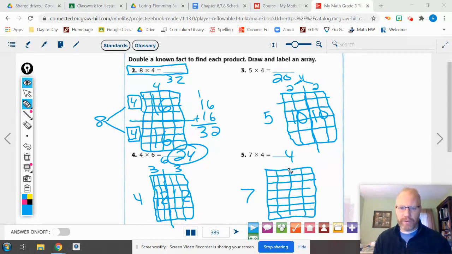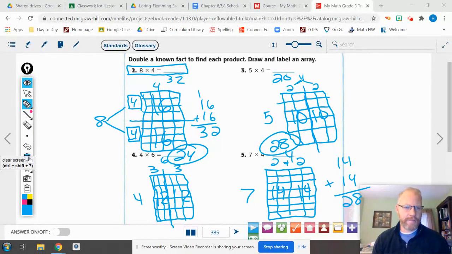And 4 can be broken in half to 2 plus 2. So I have 2 times 7 is 14. 2 times 7 again is 14. 14 plus 14 equals 28. Final answer here is 28.